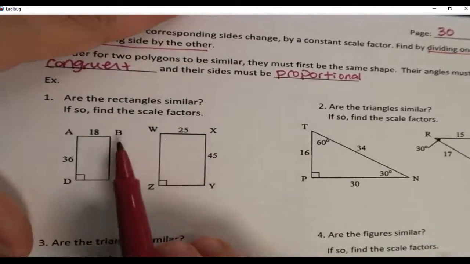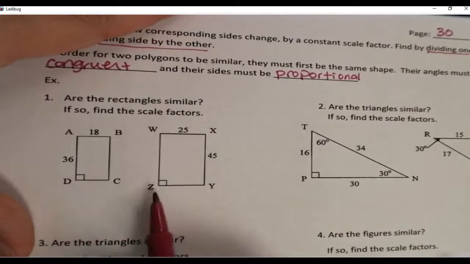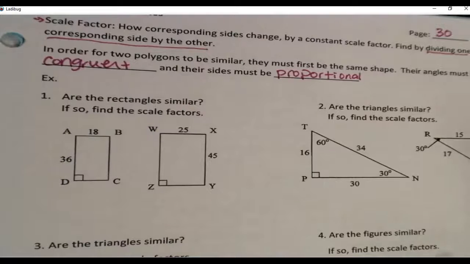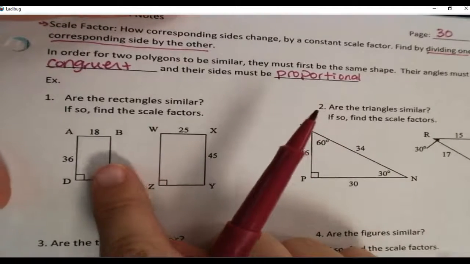So A matches W, B matches X, D matches Z, and C matches Y. Are all of those angles going to be congruent? Yes, why? And the rectangles have what kind of angles? Right angles. So if they're all right angles, they're all equal to 90. Good. So we're good on the angles. So now we just need to know if the sides are proportional.